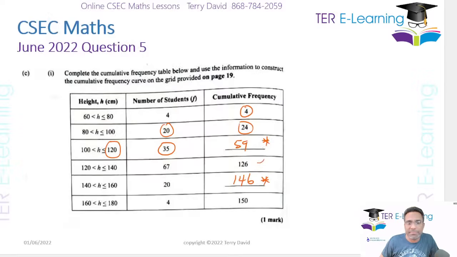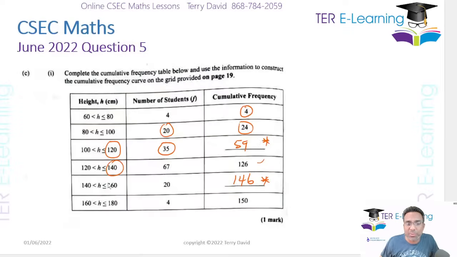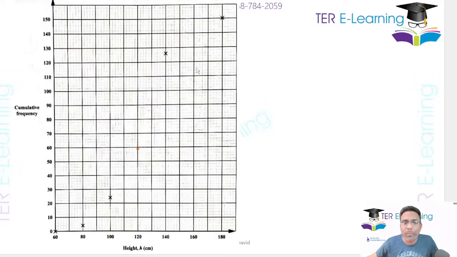And the next point is 140 against 126. Well, they plotted that first already. And the next one here is 160 against 146. So this is a point here, and this is a point here.